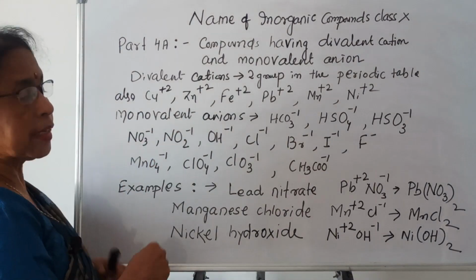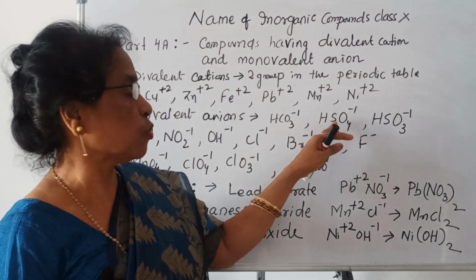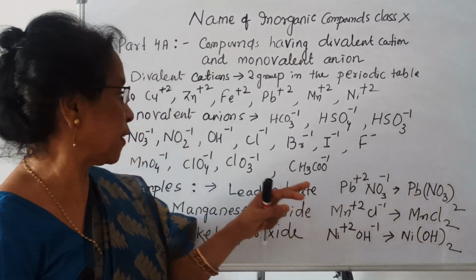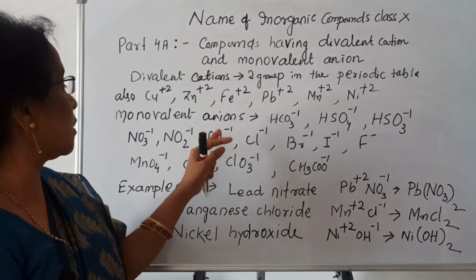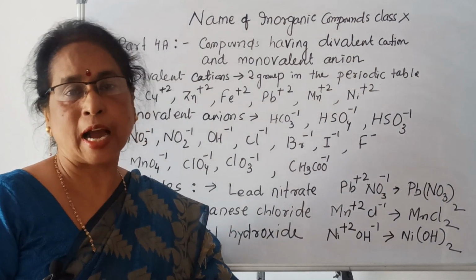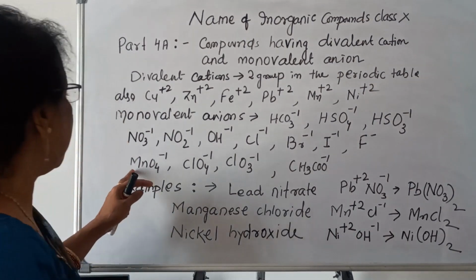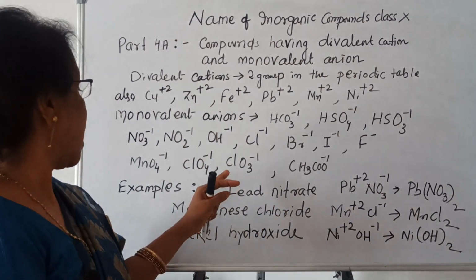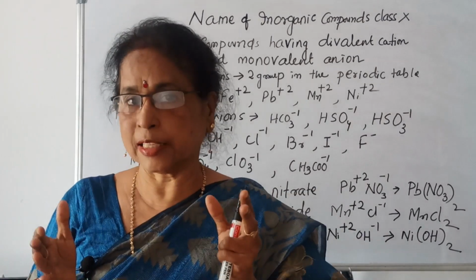Here you can remember the monovalent anions: HCO3 minus 1, hydrogen carbonate; HSO4 minus 1, hydrogen sulfate; HSO3 minus 1, hydrogen sulfite; NO3 minus 1, nitrate; NO2 minus 1, nitrite; OH minus 1, hydroxide; Cl minus 1, chloride; Br minus 1, bromide; I minus 1, iodide; F minus 1, fluoride; ClO4 minus 1, perchlorate; ClO3 minus 1, chlorate; CH3COO minus 1, acetate.